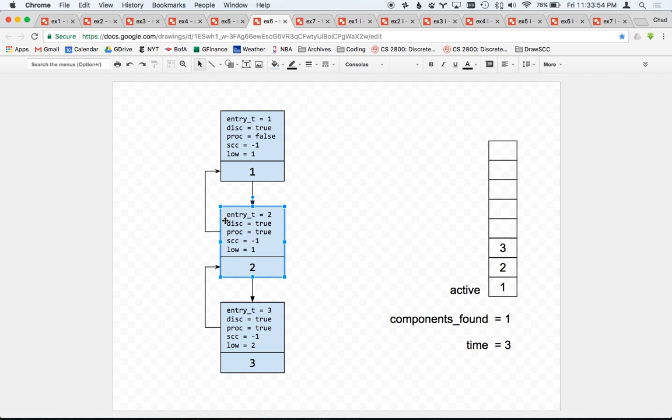Now, if you hadn't been able to get from 2 back to 1, then the earliest reachable vertex from 2, or the low of 2, would have been 2 itself. And in that case, we would have stopped right here as we were leaving vertex 2 if low had been equal to 2, made a strongly connected component out of 2 and 3, and popped them off the stack, leaving only 1, as we did back in example 4.